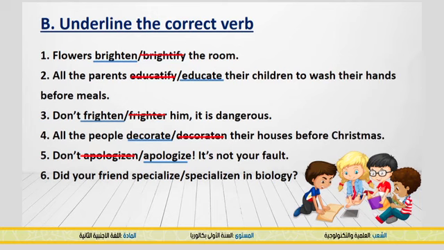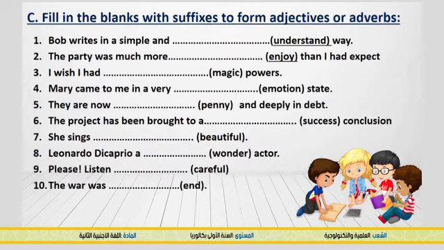Number 6, did your friend specialize or specializing in biology? The correct answer is specialize. Specializing is incorrect. Let's move now to exercise C. Fill in the blanks with suffixes to form adjectives or adverbs. Pay attention, adjectives or adverbs.